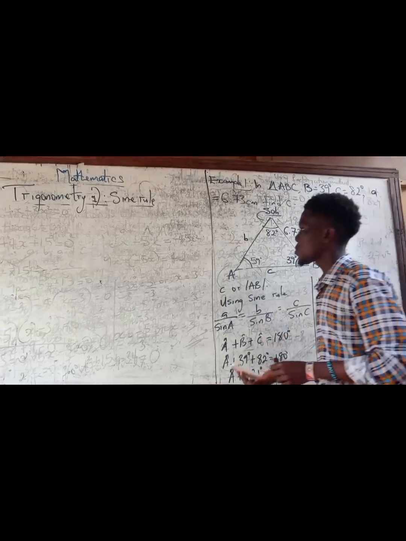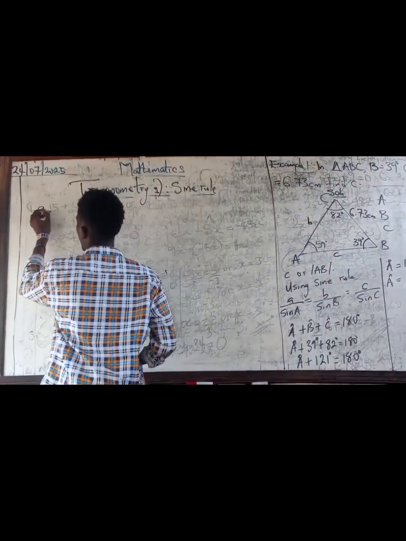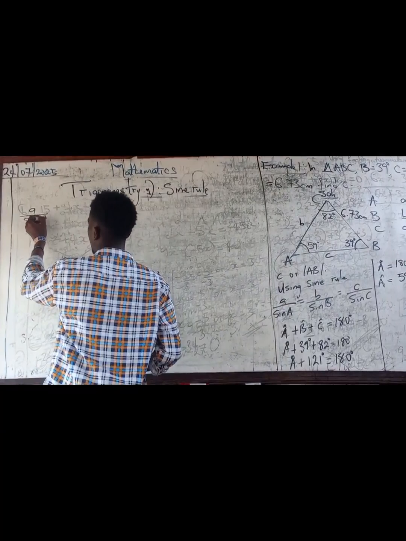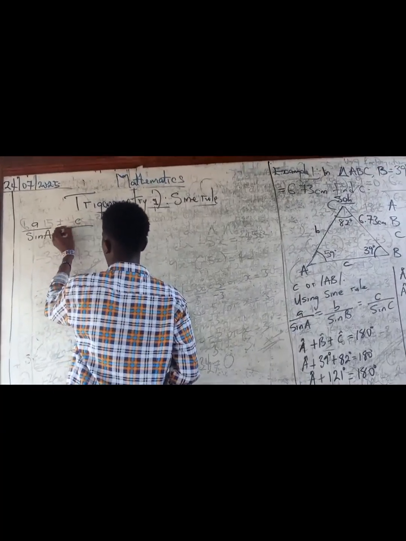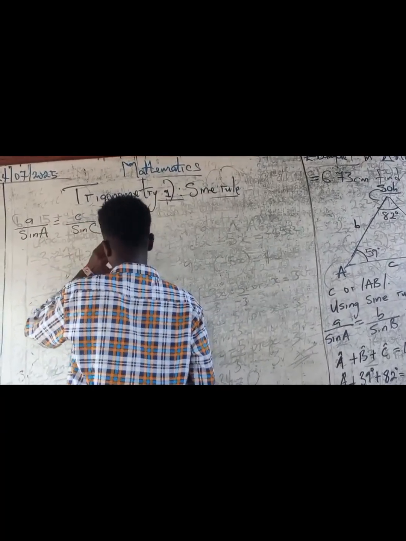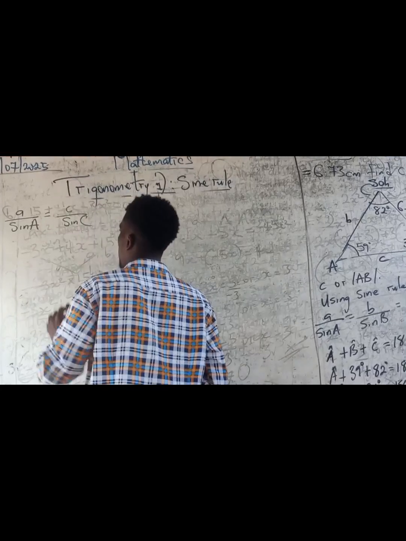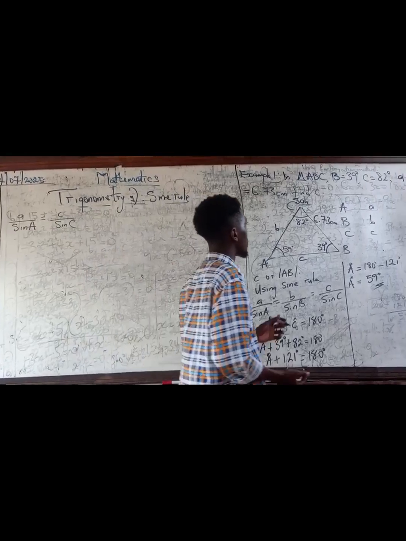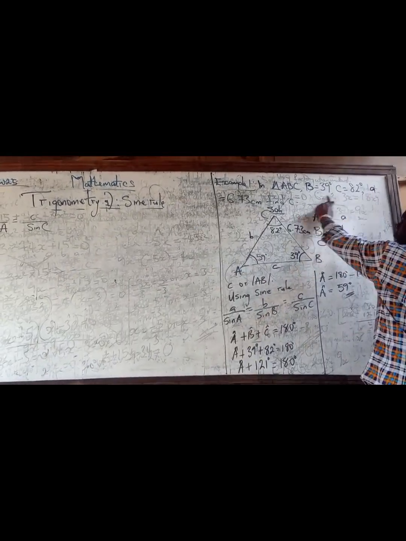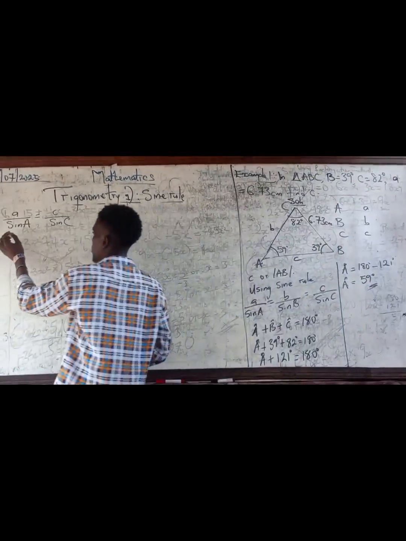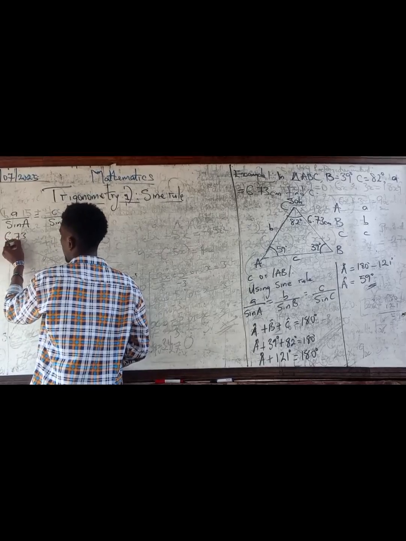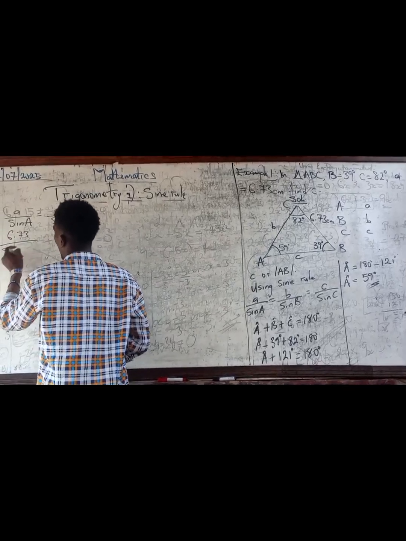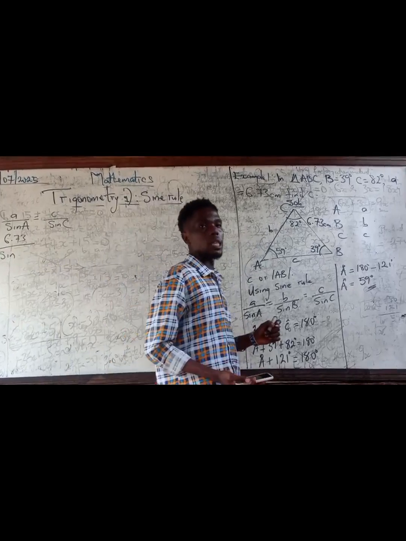So quickly, I'll say A over sine A is equal to C over sine C. The length A, which is given to us from the question, is 6.73 over sine. Remember, capital letter stands for the angle.